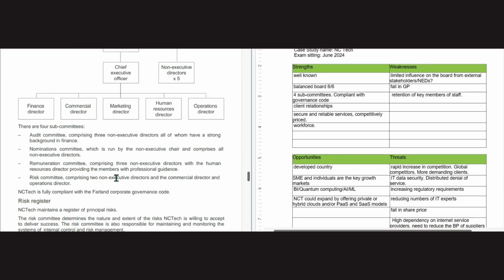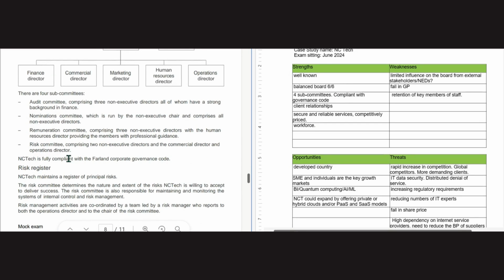And they all seem to have a reasonably good balance of people within each one. So that's why I put here, it's a balanced board, 6 and 6, 6 executives, 6 non-executives. And I've also said 4 subcommittees. And it tells us NC Tech is fully compliant with the code. So here we are, the 4 subcommittees, and it's compliant with the code. All right. So these are all strengths.